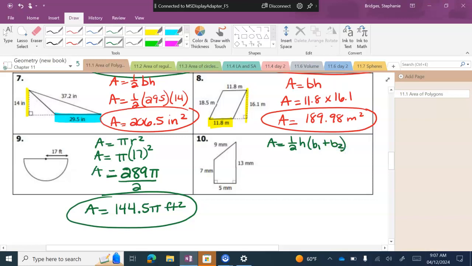1/2 height times my two bases added together. Remember, your bases are the parallel sides. The height is going to be perpendicular to those bases. Let's say this correctly. The bases are parallel. The height is perpendicular to the bases.